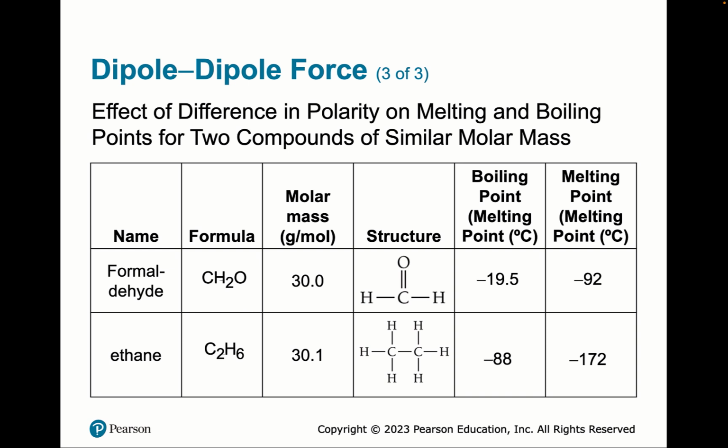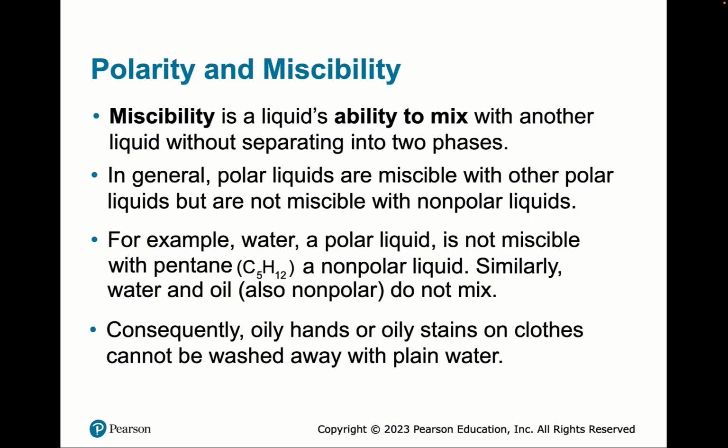And the same thing with the melting point. So the attraction within the formaldehyde is considerably higher. There are much stronger forces. And again, higher boiling points and higher melting points mean that there is stronger attraction, stronger forces.